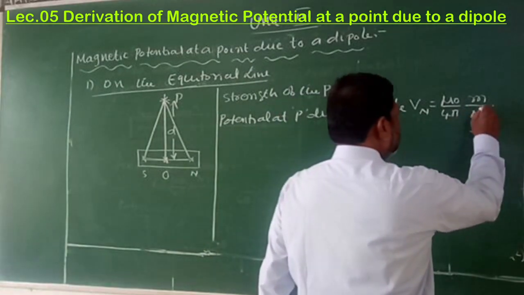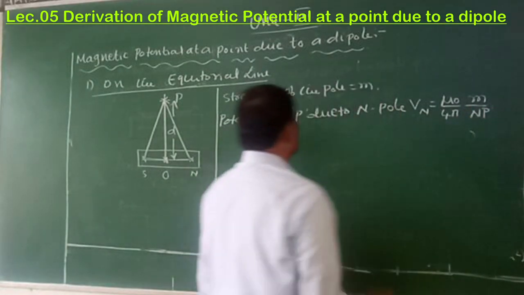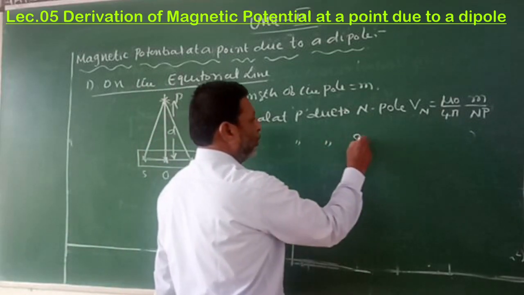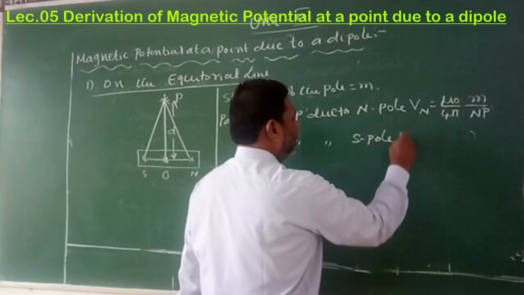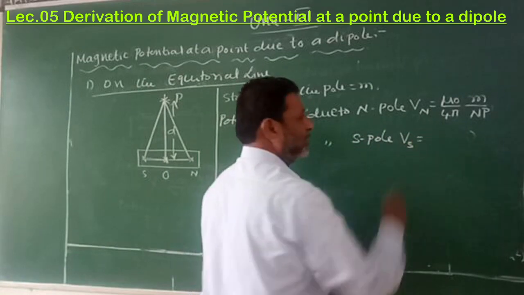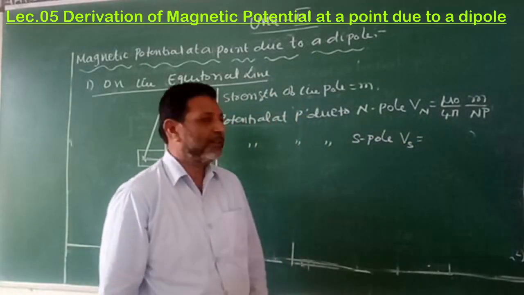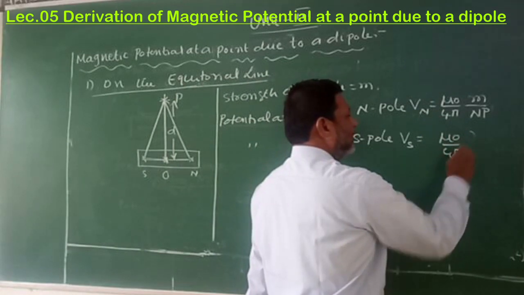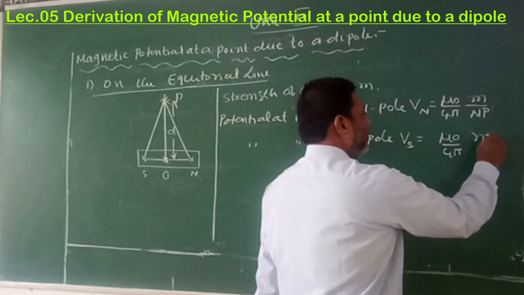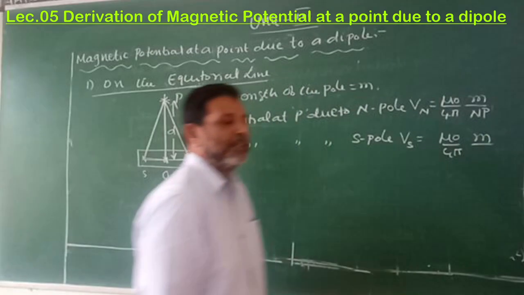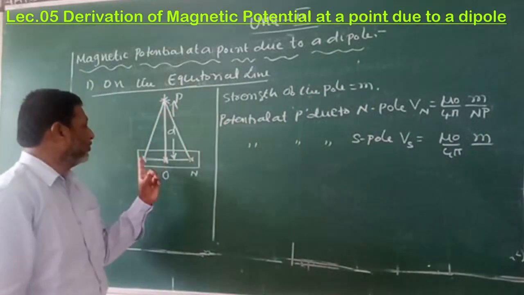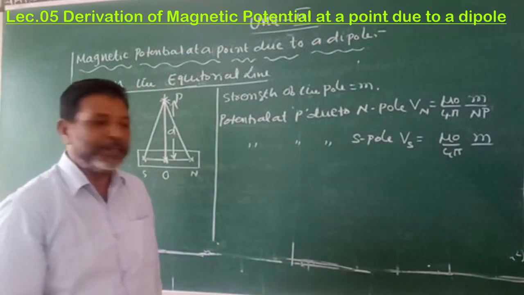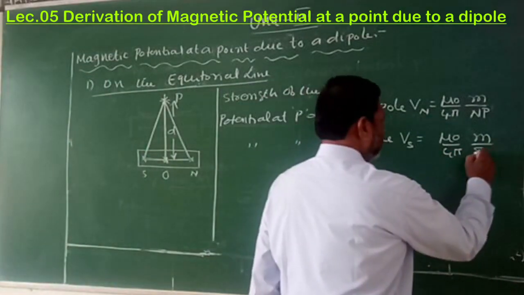Next, the potential at P due to the south pole, we take it as Vs, is equal to mu naught by 4 pi, as it is, and m divided by the distance of this point from the south pole, which we write as SP.